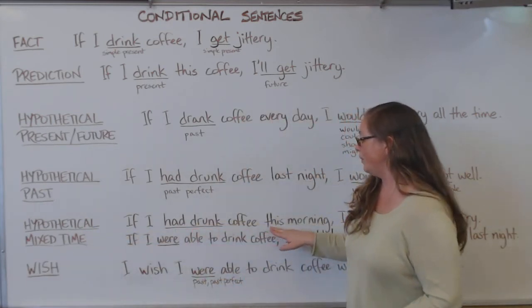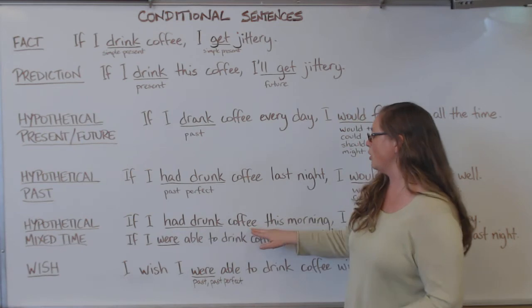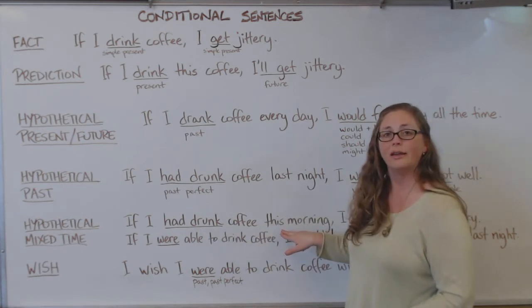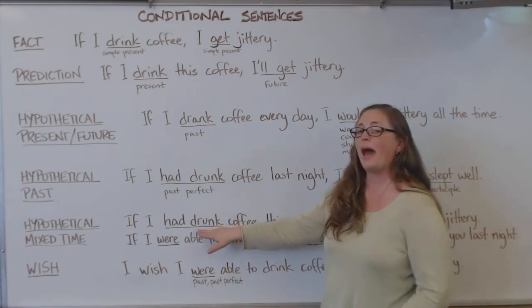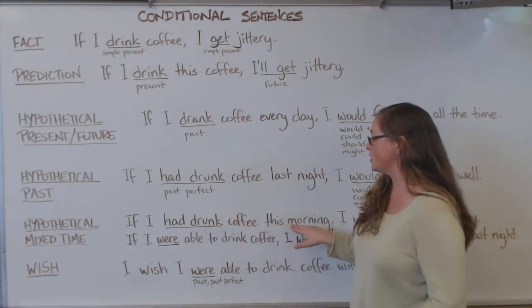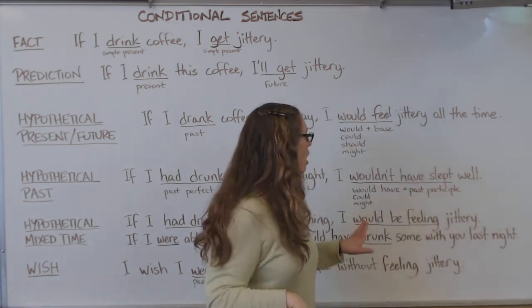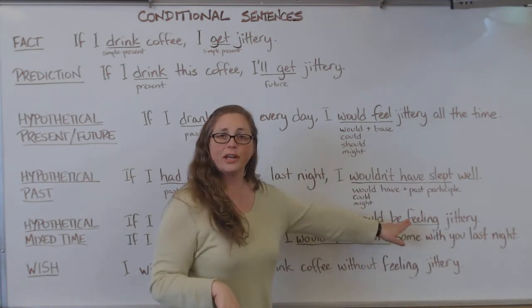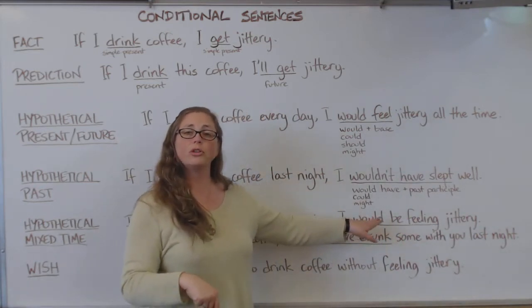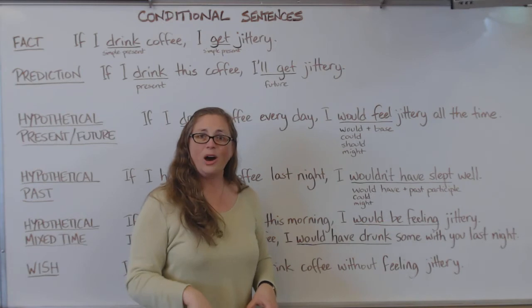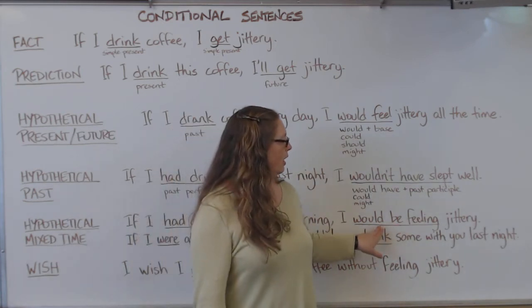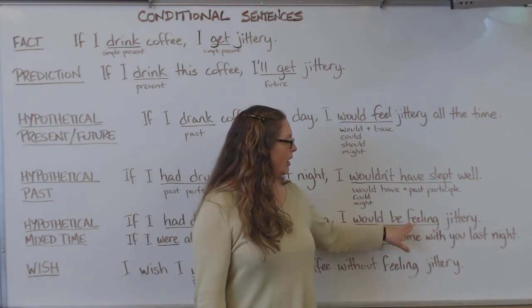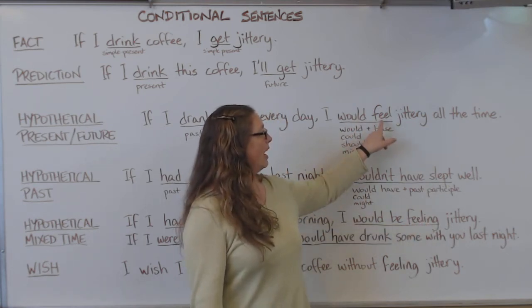Let's look at this example here. If I had drunk coffee this morning. Did I drink coffee this morning? No, I didn't. So just imagine, if I had drunk coffee this morning, I would be feeling jittery. I'm talking about the result now that is imagined. Notice here, this is a present idea.